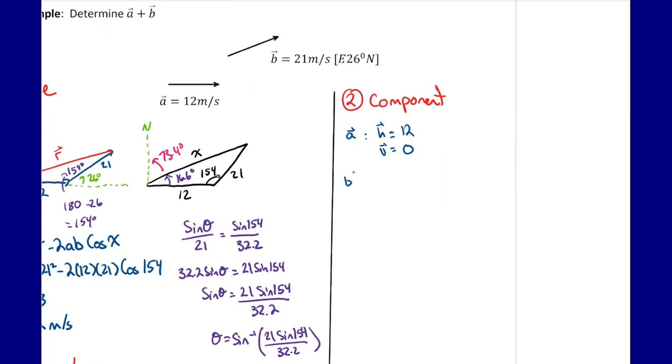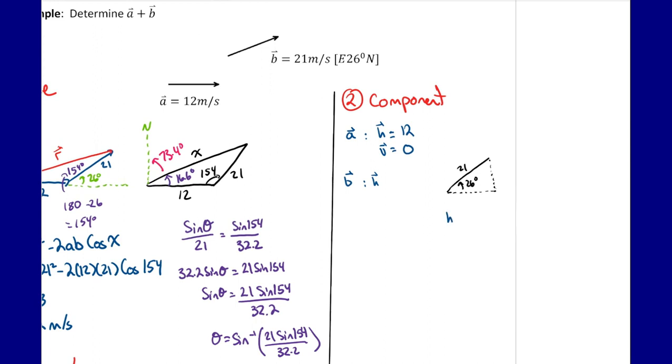For the B vector, we don't know what the two components are, but if I were to draw it as a triangle, I know this is 21. It's east 26 degrees north, so this is 26 degrees. I can use my trig, similar to my last lesson, to figure out the horizontal and vertical.